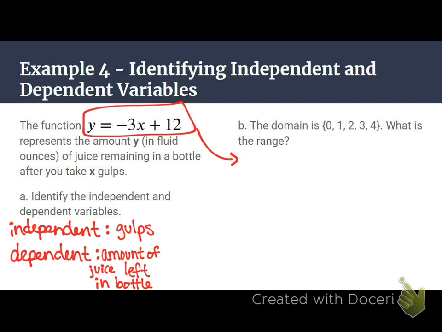If they gave us 5 domain values, 0, 1, 2, 3, and 4, how many range values do you think I'm finding? If they gave us 5 domain values, how many range values do you think I'm going to have this time?